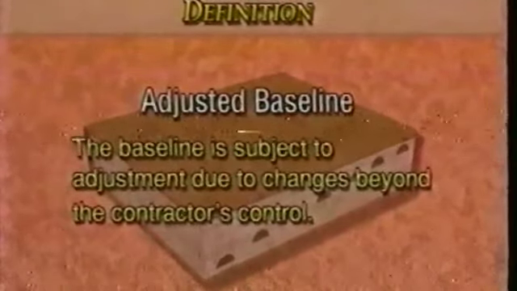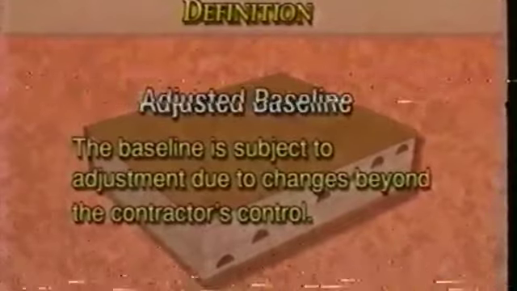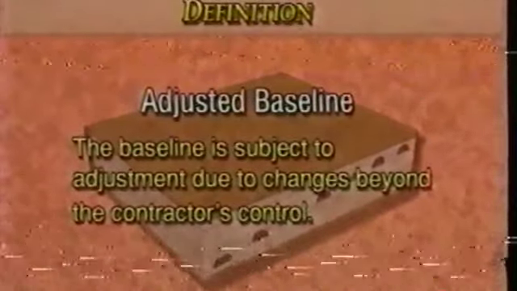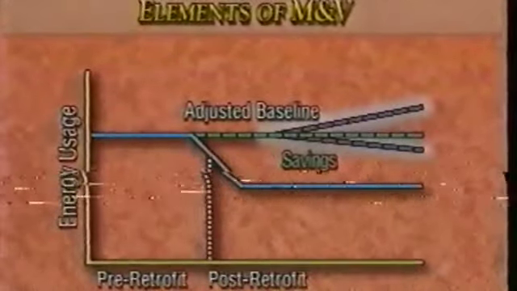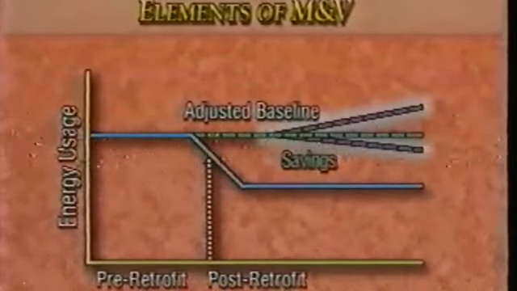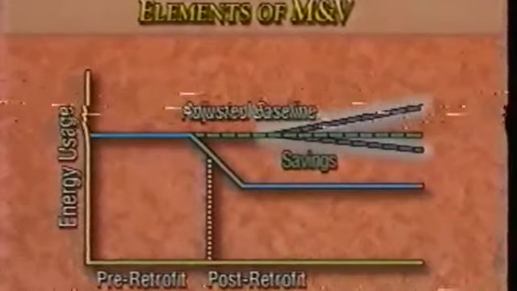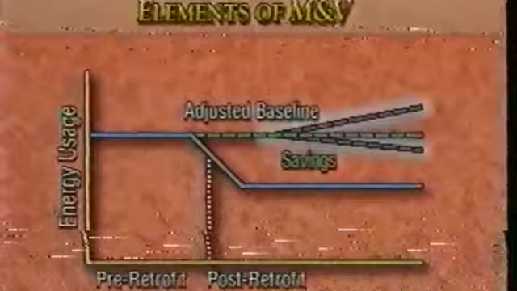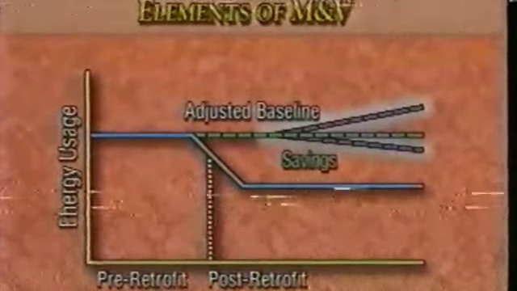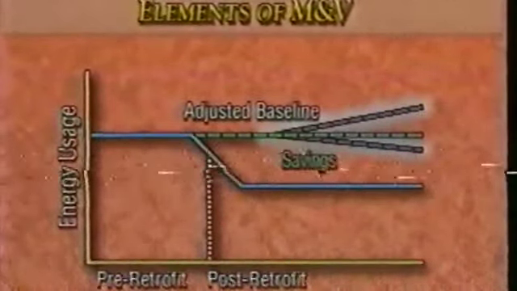Methods and procedures for adjusting the baseline are discussed in the FEMP M&V guidelines. The adjusted baseline is a calculated number and is derived using M&V guideline methodology. The adjusted baseline is the quantity used to compare with the actual performance of the ECMs to calculate energy savings.